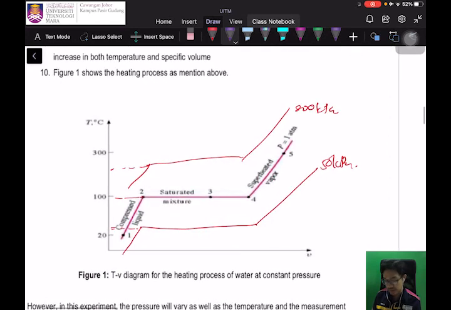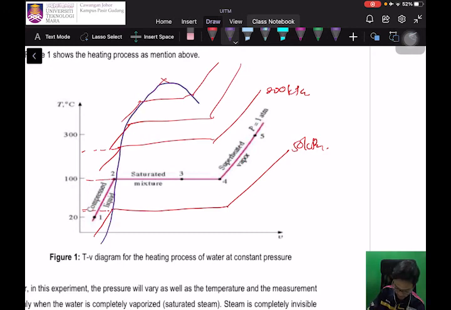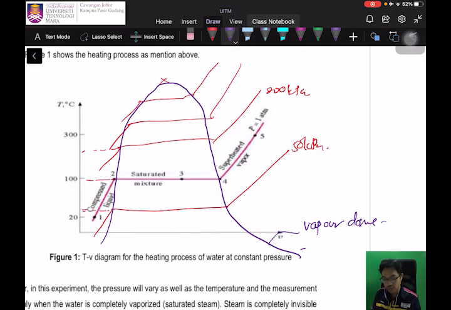Basically if you look at this vapor pressure curve, if we plot it at different values during your experiments, most likely you will have this kind of shape. If you plot all of the saturated points on the liquid and also the saturated points on the vapor, you will have this curve. This we call the vapor dome. All of these things we call the vapor pressure curve or TV diagram.